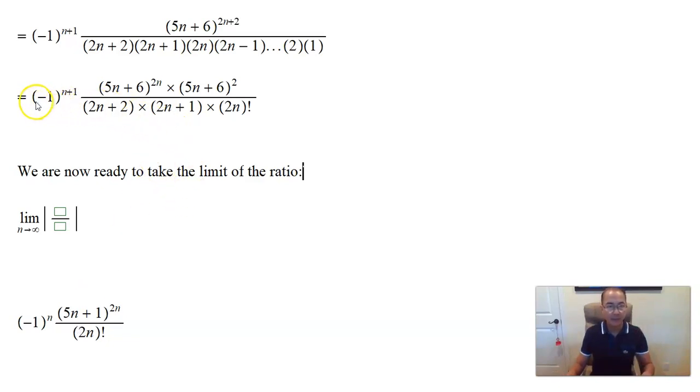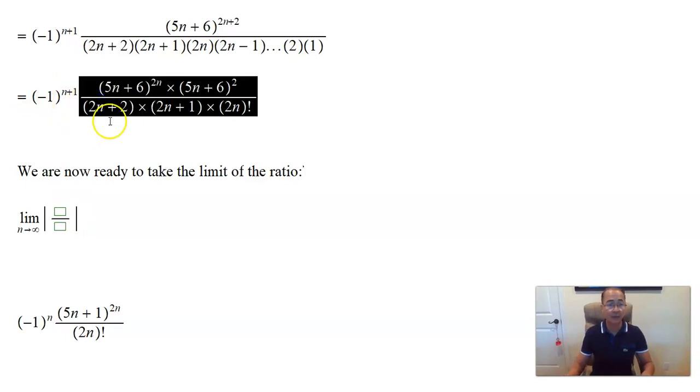To save time, you don't have to take this and divide by this. You can take this and multiply by the reciprocal of this. And one more thing which I didn't mention earlier, we're taking the absolute value for heaven's sake. Do we really need that minus 1 to the n plus 1? Of course not. It's simply going to become positive 1.